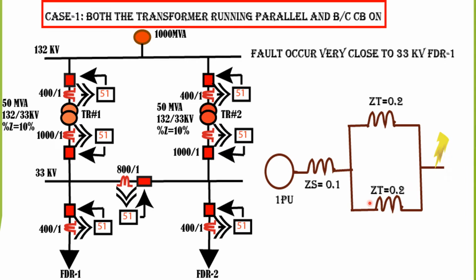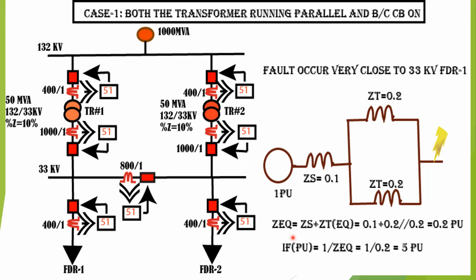So two transformers are running in parallel condition and the fault occurs at the 33 kV bus. So we have to calculate the equivalent impedance, then we can calculate the per unit value of the fault current at the 33 kV bus. So this is the three-phase symmetrical fault current.